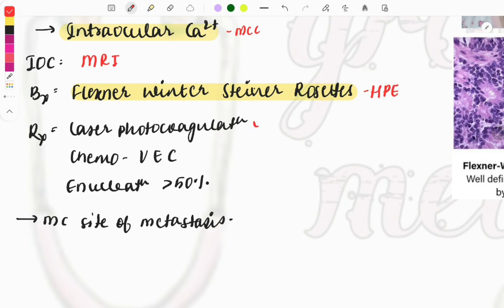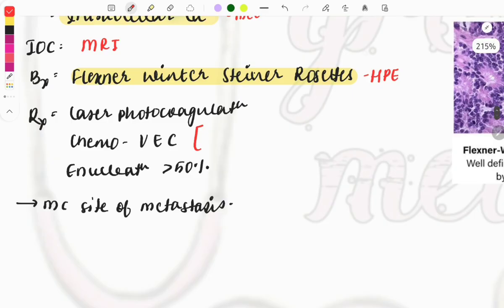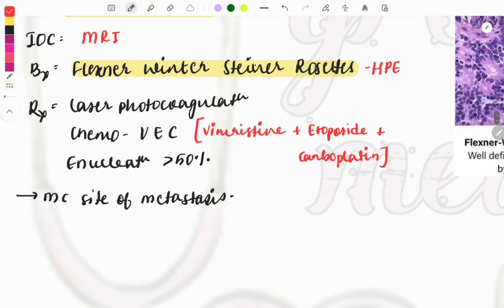In most cases we prefer laser photocoagulation, and we can also use chemotherapy. The drugs used are vincristine, etoposide plus carboplatin. If more than 50% of the eyeball is involved, then enucleation is the better treatment option.